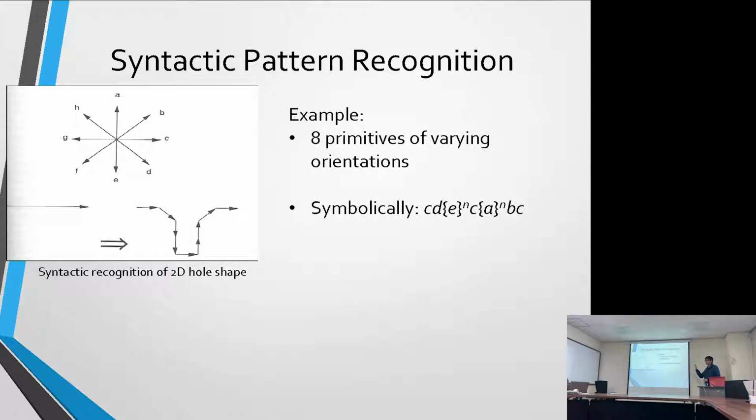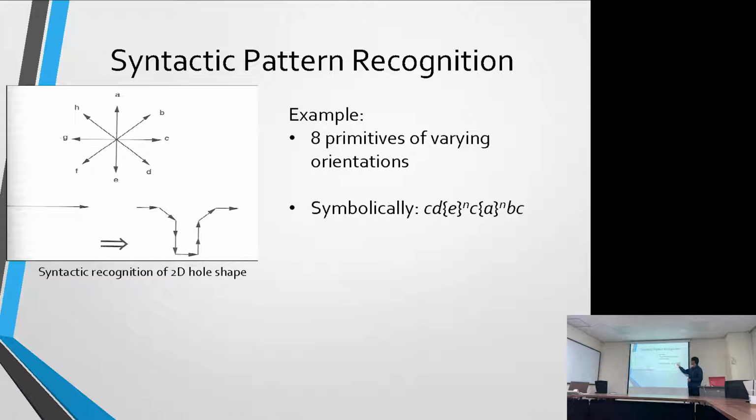So this is an example of how we can use this approach of pattern recognition for feature recognition. Say you have this 2D representation of a hole shape. Then you have 8 primitives representing various orientations from A to H. So to describe the hole, the orientations will be arranged like this sequentially, and you can represent this symbolically using C, D, and then E to the power of n, where n here is the number of repetitions that you need to take.